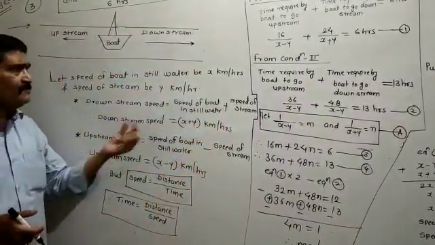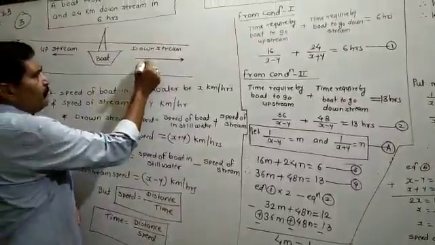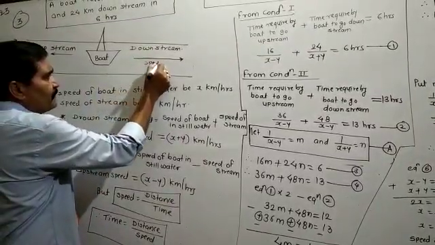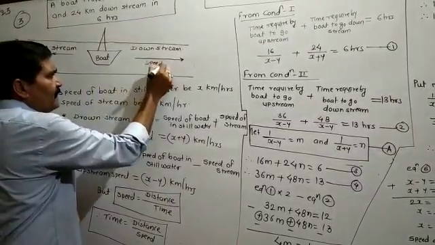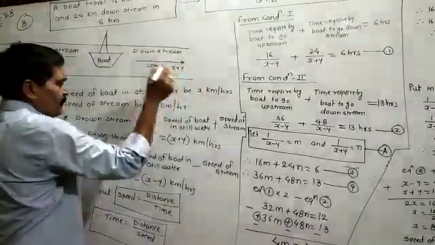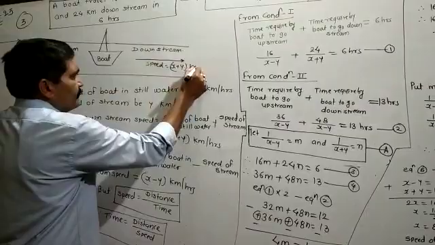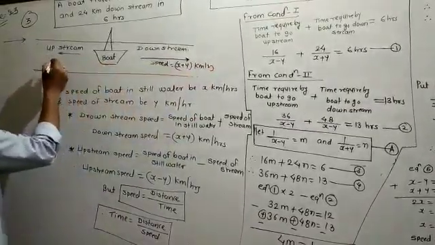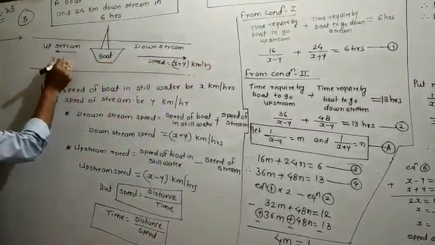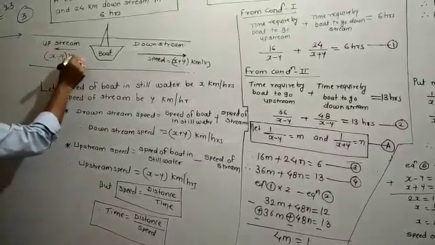This is the downstream speed, x plus y km per hour, and upstream speed is equal to x minus y kilometer per hour.